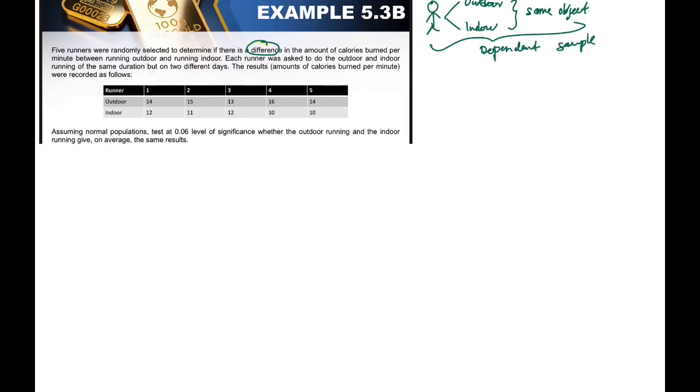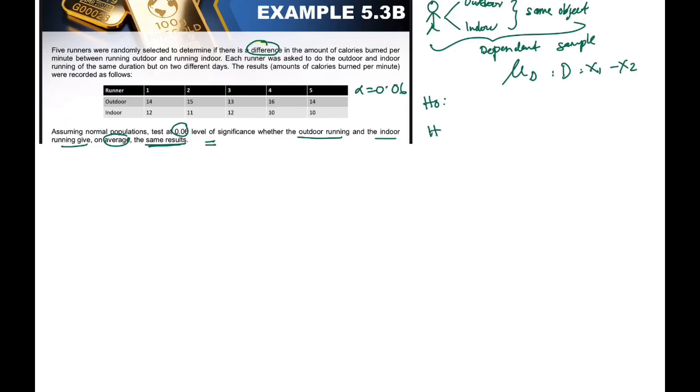So for a dependent sample, you will have mu capital D, where D is the difference between two data. Assuming normal population, test at alpha 0.06 whether outdoor running and indoor running give on average the same result, equal, right? So what is your H null and H1?